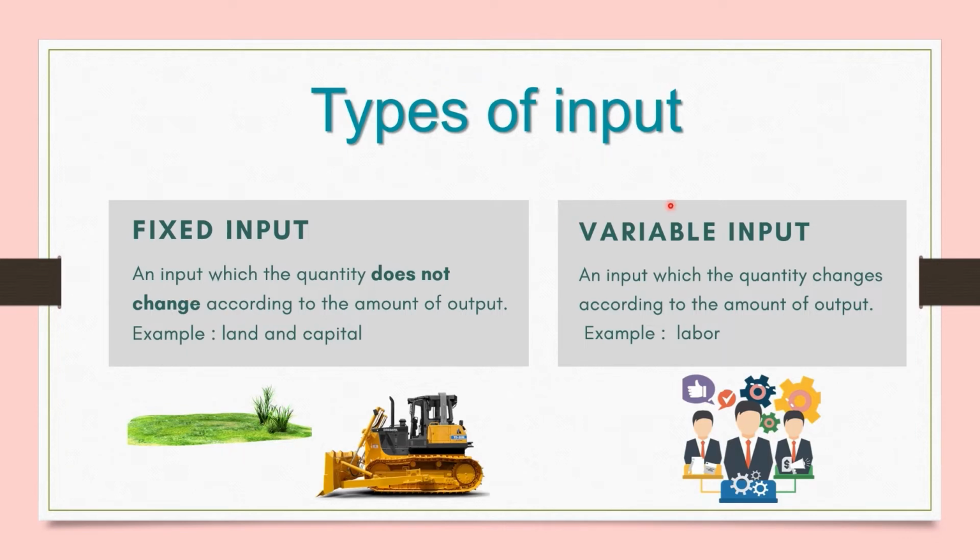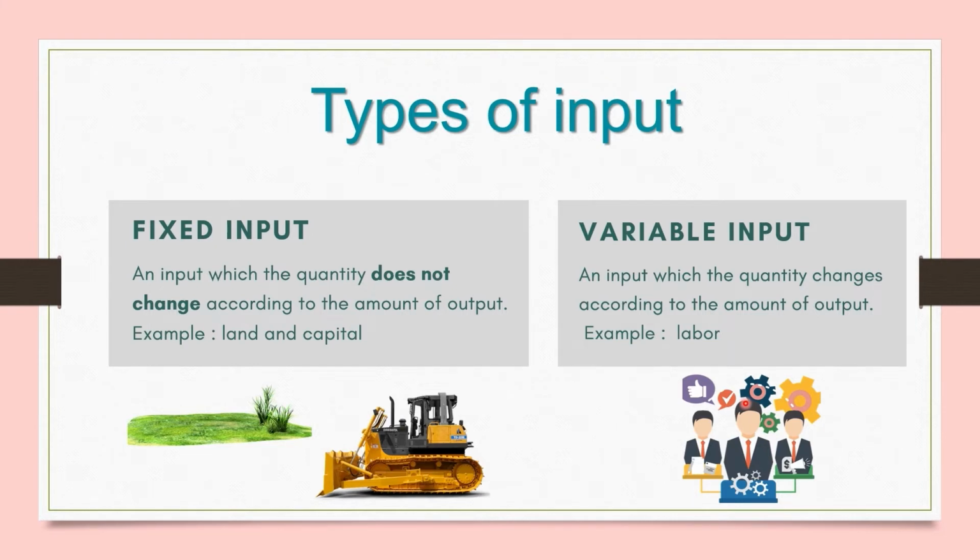So we move to a variable input. What is a variable input? It is an input whose quantity changes according to the amount of output. Maksudnya kita tambahkan input sebab kita nak produce lagi banyak. Meaning the more output, the more input we need to buy. For example, labor. Let's say we want to bake 20 chocolate cakes.